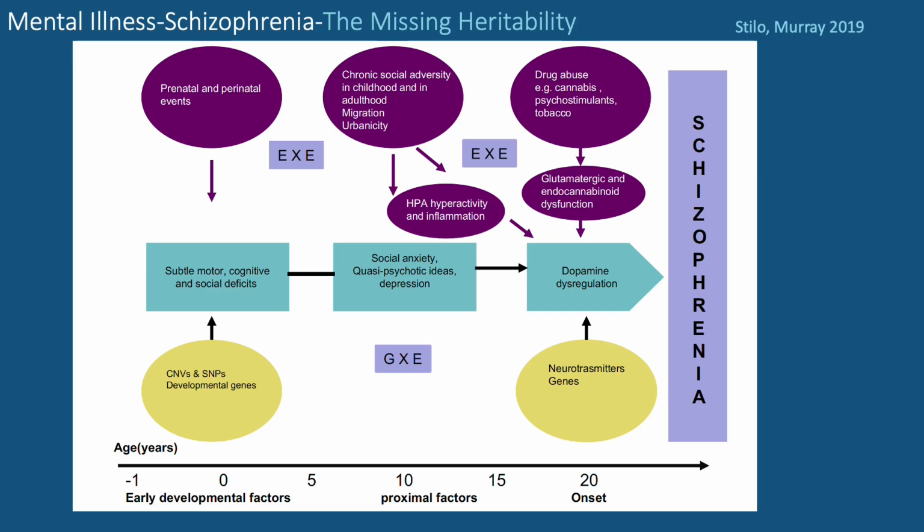Now, let's look at the cartoon in detail. When we look at the early neurodevelopmental trajectory in the life of a person that has schizophrenia, already in the early stage of their life they show subtle motor, cognitive, and social deficits.